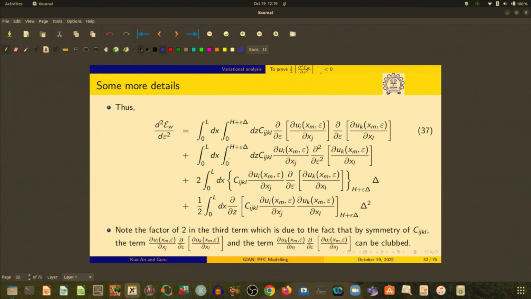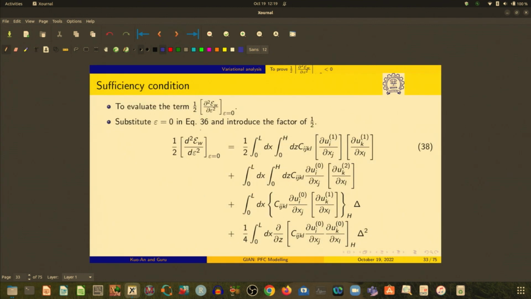Yeah. So, this is the one, the factor of 2 in the third term is due to symmetry. The same, you take d by d epsilon, 2 of them will come and so on. So, that is what I am clubbing, and that is how that is coming, but after that this will anyway go to 0. And similarly, by doing this divergence theorem etc. Okay.